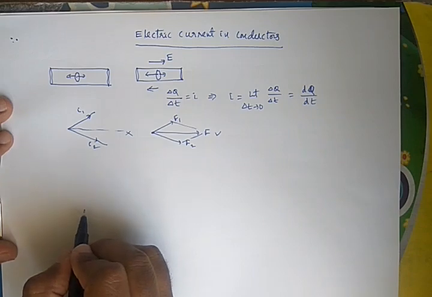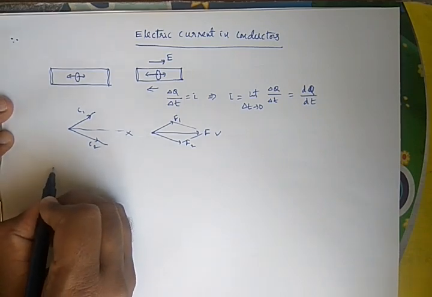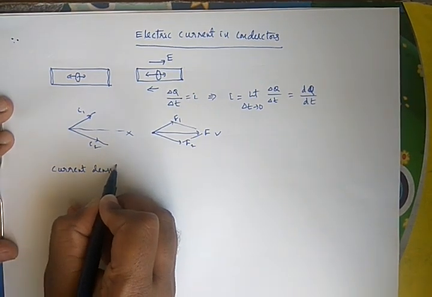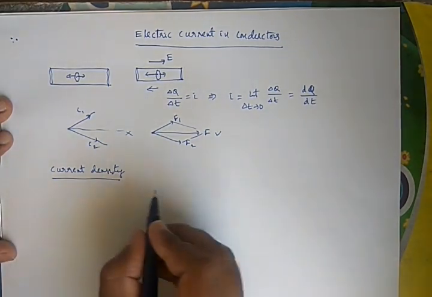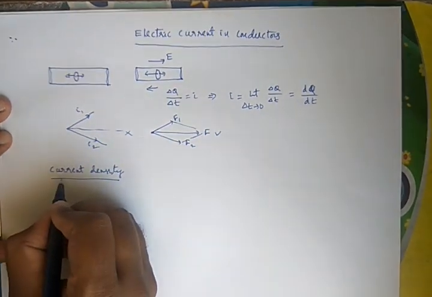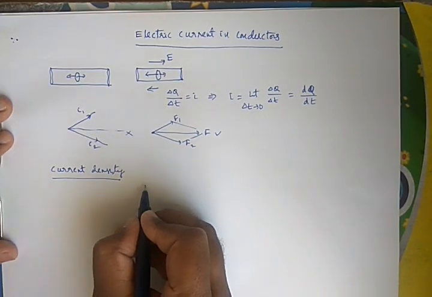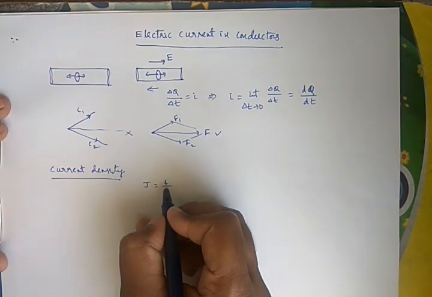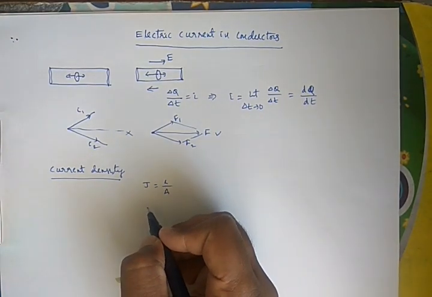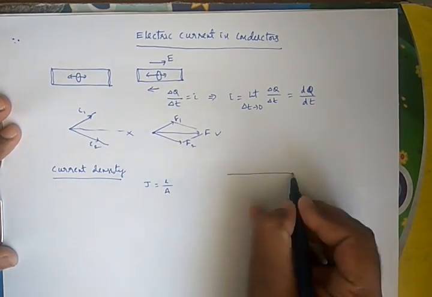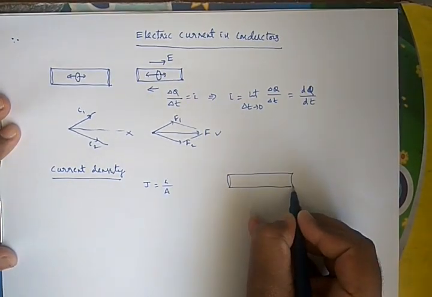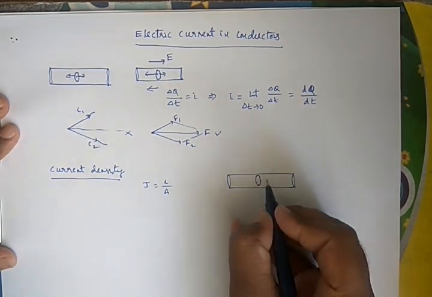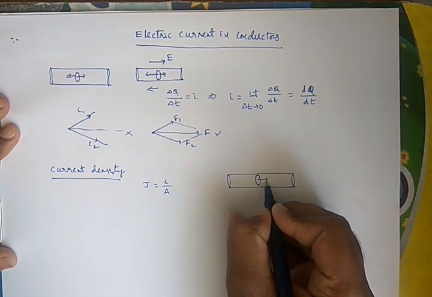And let us define one more parameter called current density. Current density is a vector quantity. It's defined as J equals I by A, the current through unit area. For example, you take a metal and a small area here, say dA.